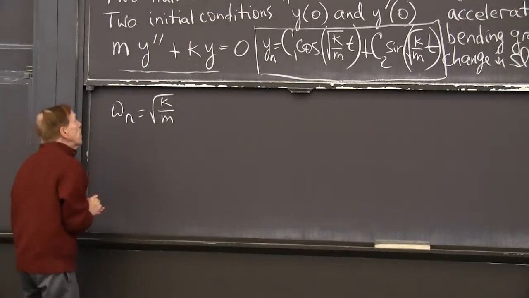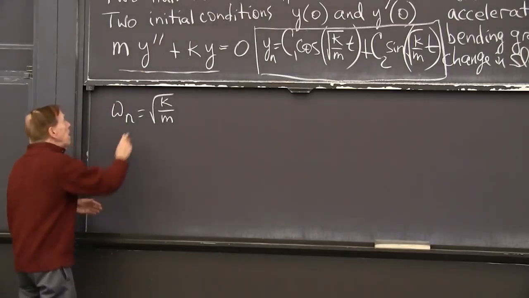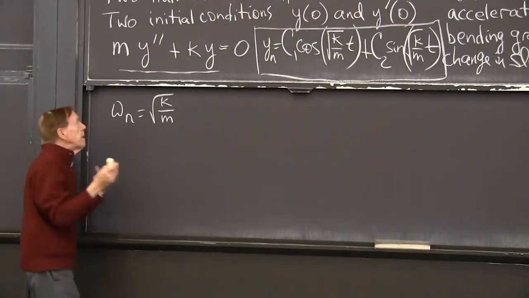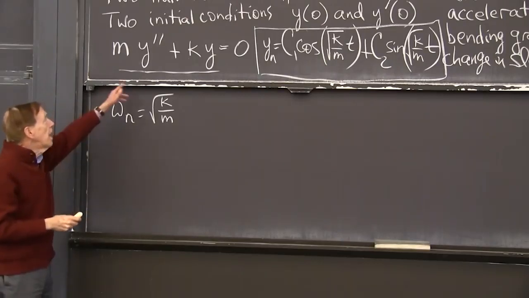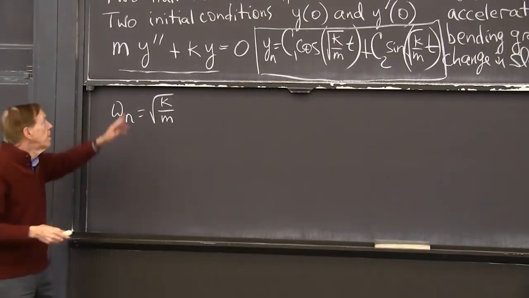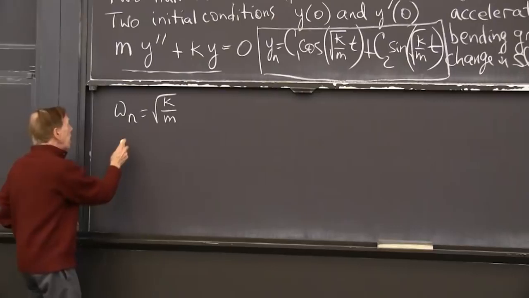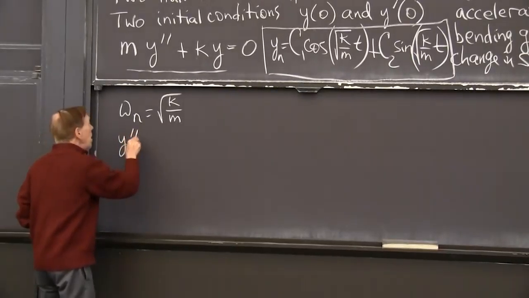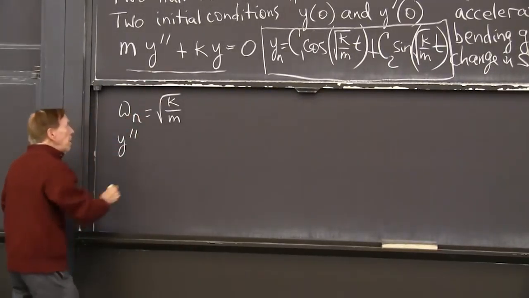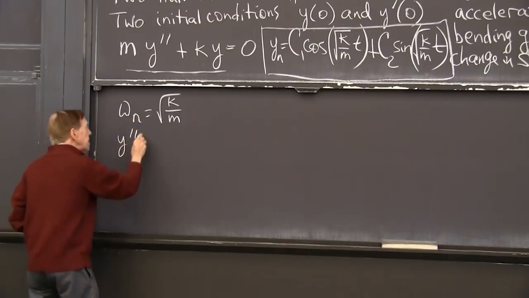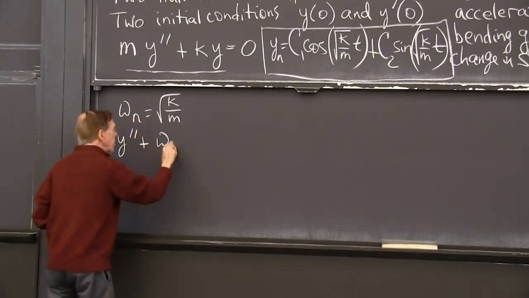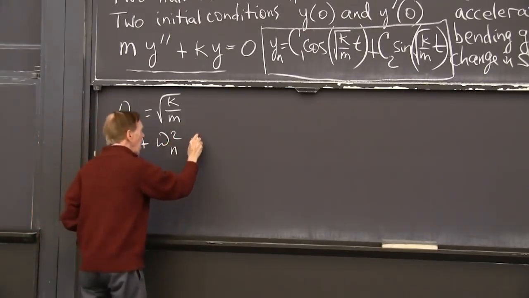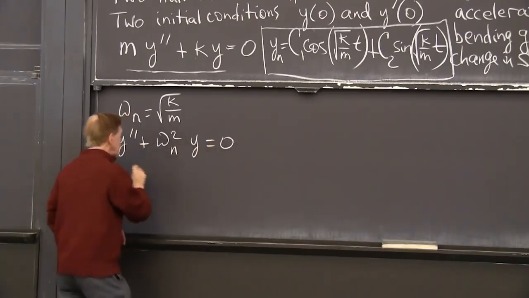So our equation, we could rewrite that equation to make it simple. I'll divide by m. No problem to divide by m. So then I have y double prime plus k over m, which is omega n squared, the natural frequency squared, times y equals 0.